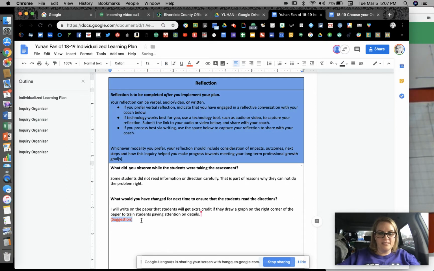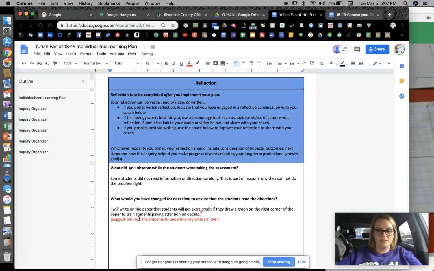So my suggestion, which I have done, is to ask the students to underline keywords in the directions and then highlight the final question that they have to solve.